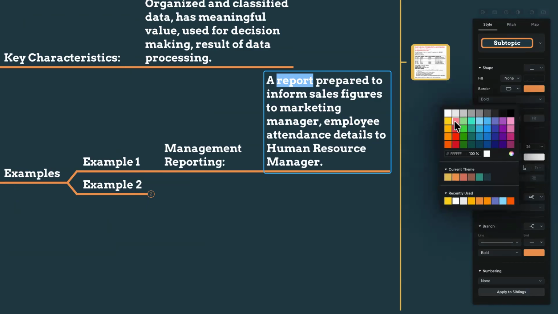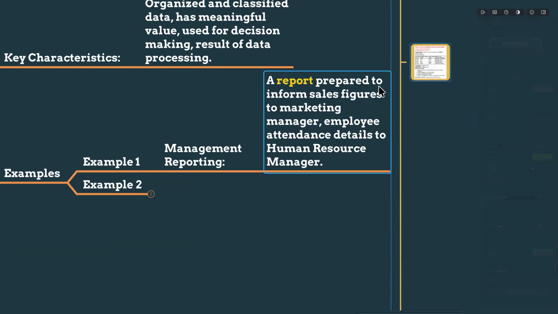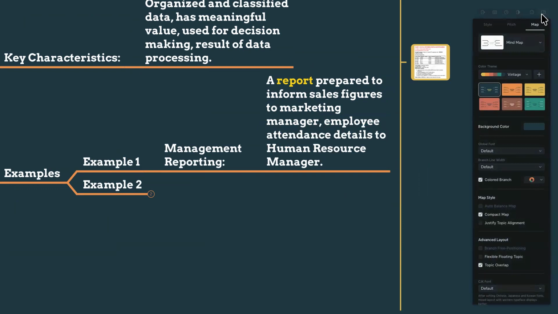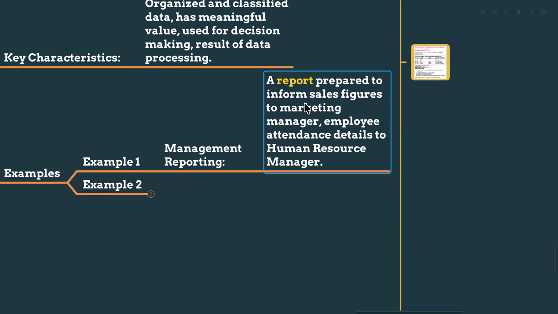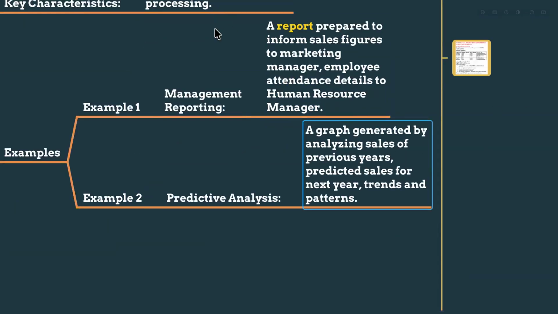We cannot simply give an Excel file with a bunch of rows and columns to the managers. So a report prepared to inform the sales figures to the marketing manager, as well as employee attendance details to the human resource managers in good graphs as well as charts. So as a report, that is information. So management reporting is one of the examples, as well as some predictive analysis, right?